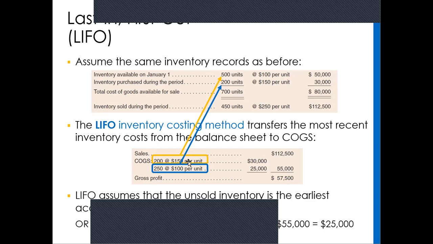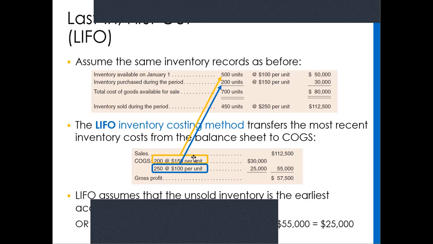If they sold 450 units, we get an error in the slide. Let me check: there are only 200 units in the latest layer to sell. We sold 200 of those, and then we sold the remaining 250 from the other layer.